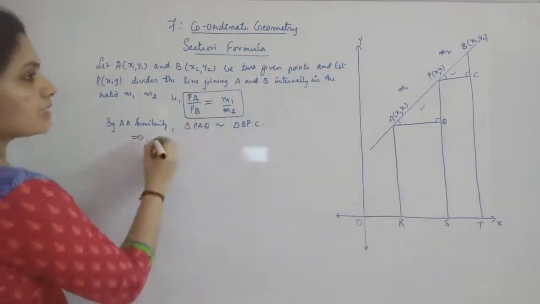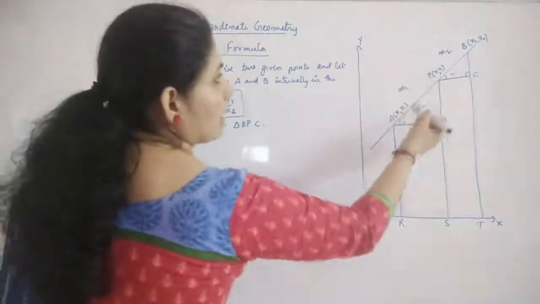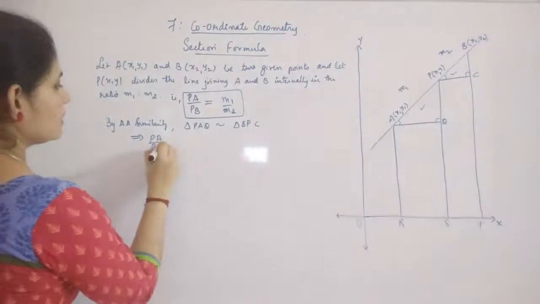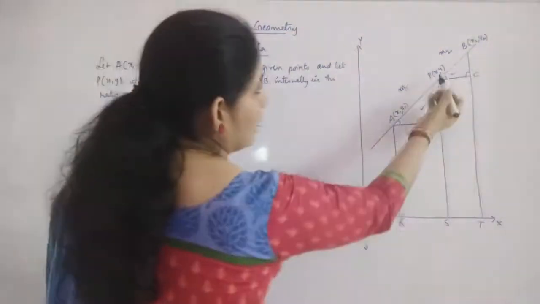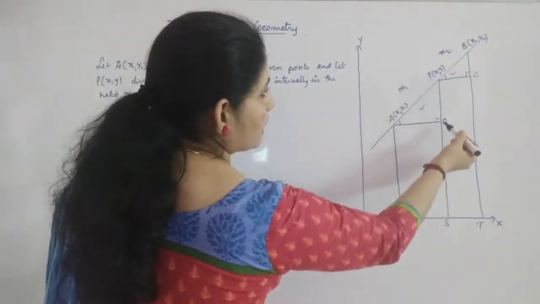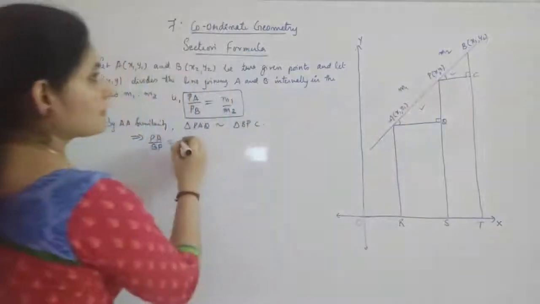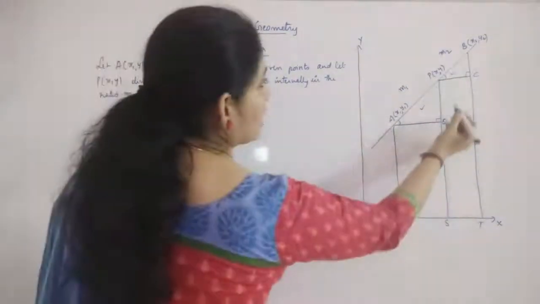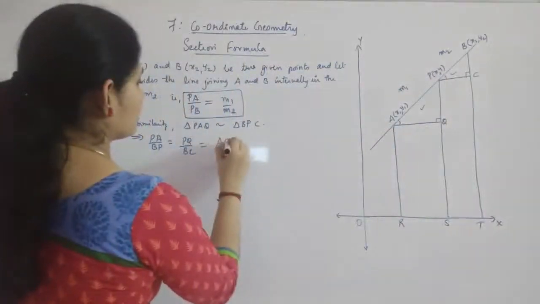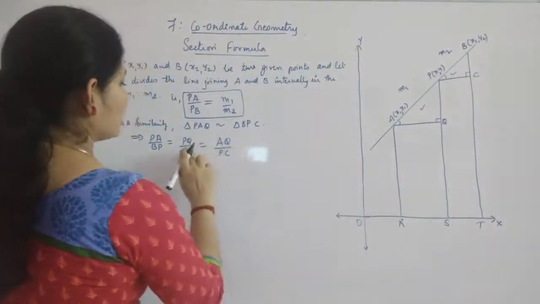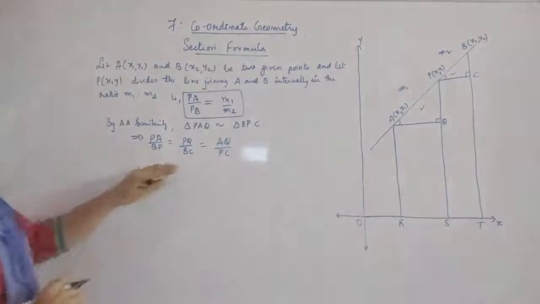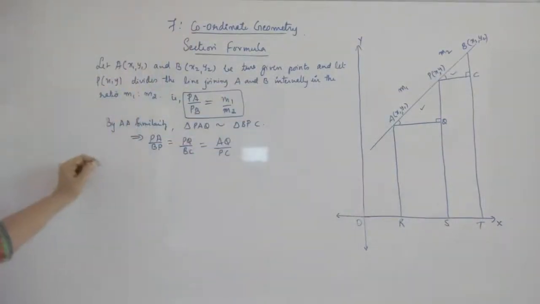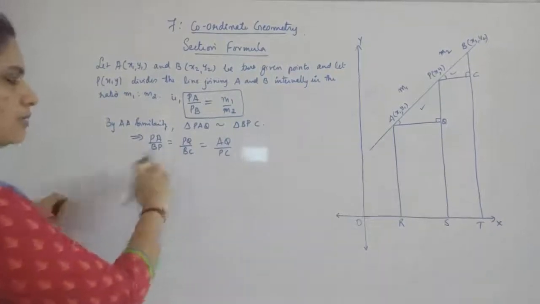That implies PA by BP is equal to PQ by BC is equal to AQ by PC. Clear? We have already proved two angles, then the third one will automatically be equal. So you are getting this concept also.